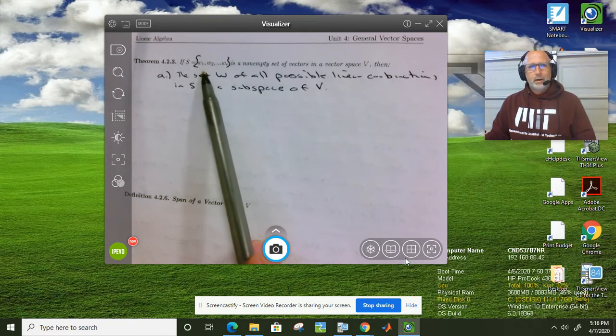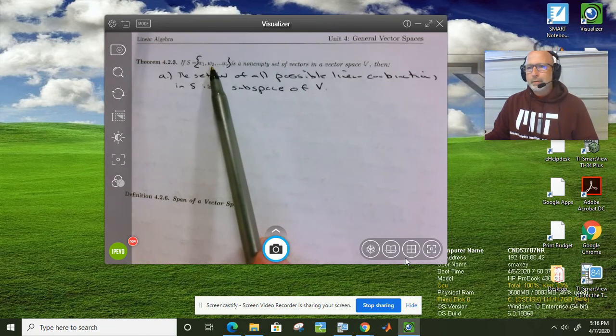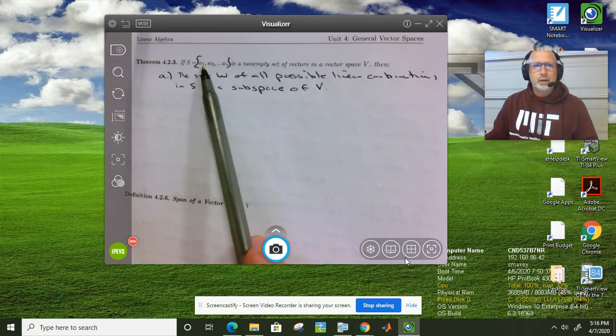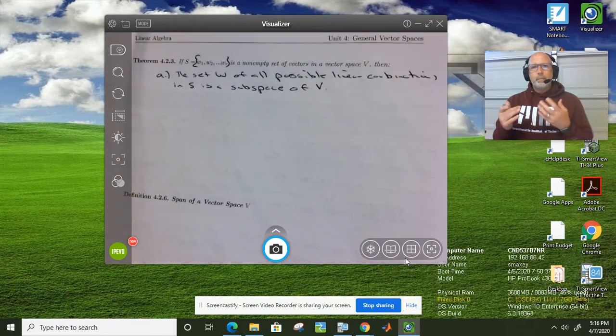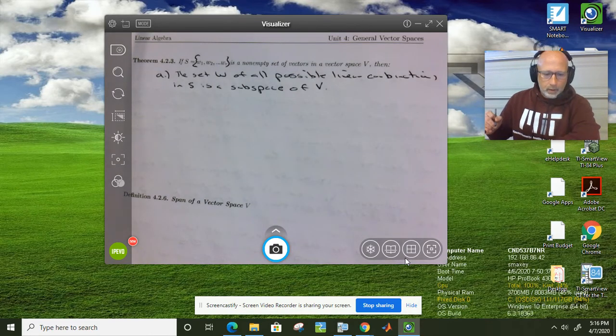I know it's silly. Or 2W1 plus 3W2 is a linear combination of those. You take all the possibilities and put them together, and it will make a subspace of V.